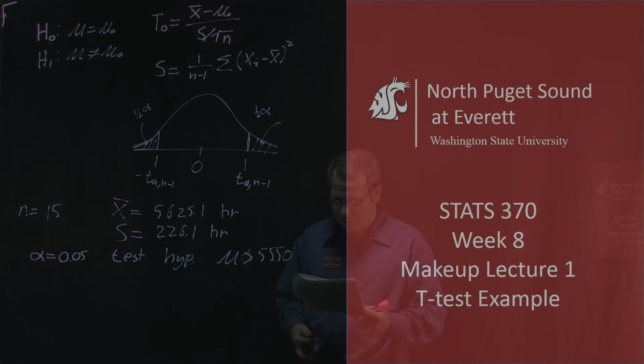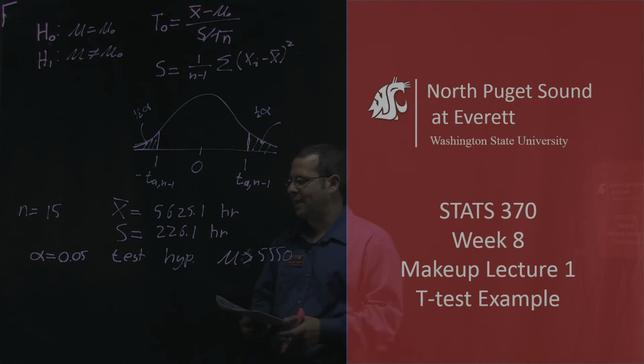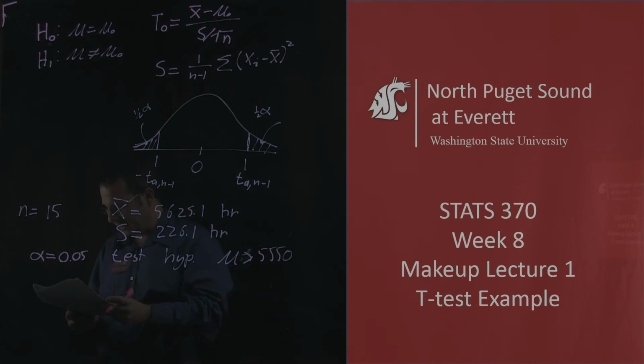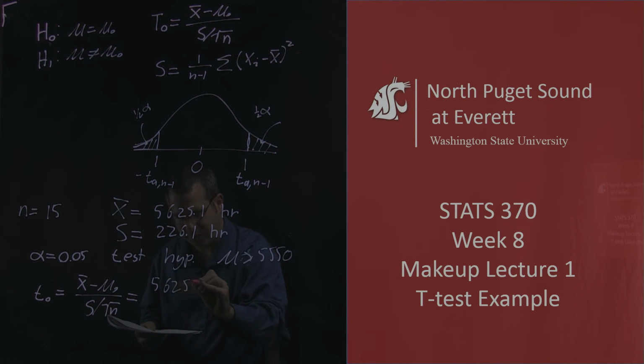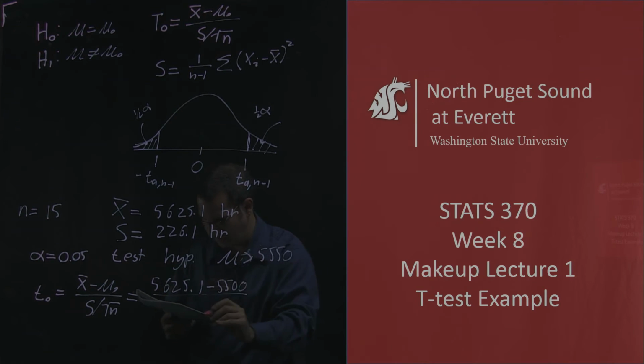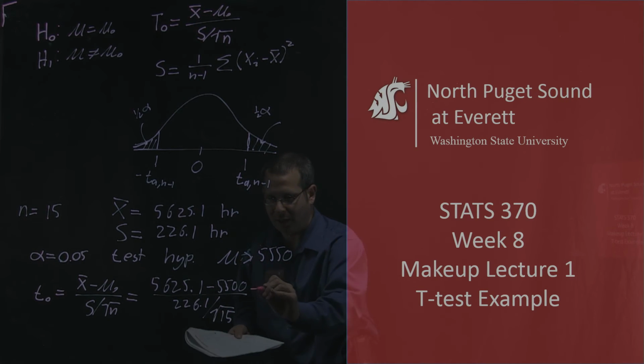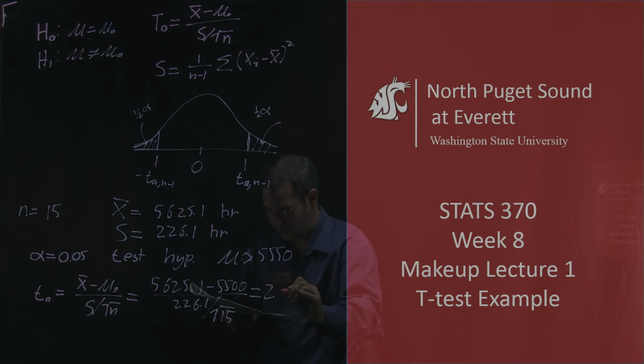Okay? So what I can do is find my test statistic, and I will find that t naught is equal to x bar minus mu naught over S over the square root of n. Plug and chug, that is 5625.1 minus 5500 over 226.1 over the square root of 15, which equals 2.14.